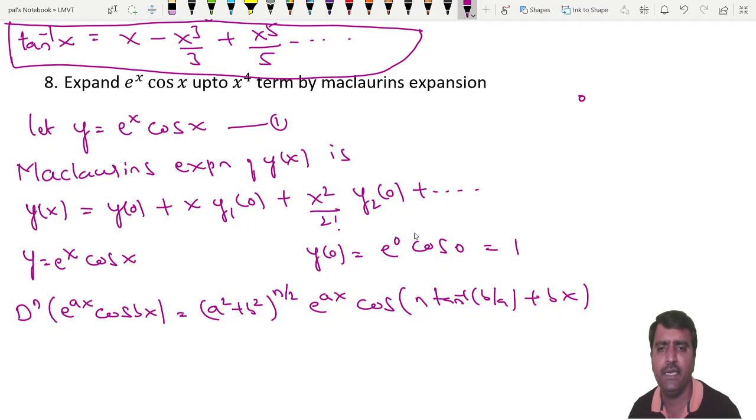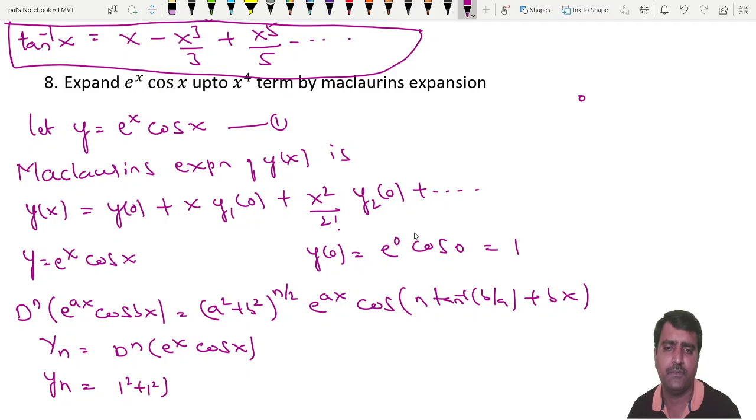Similarly, if you apply that, yn comes for us. yn is equal to nth differentiation of e to the x into cos x. Here a and b values are 1, so yn is equal to 1 square plus 1 square to the power n by 2 into e to the power of 1x into cos of n tan inverse of 1 by 1 plus x.